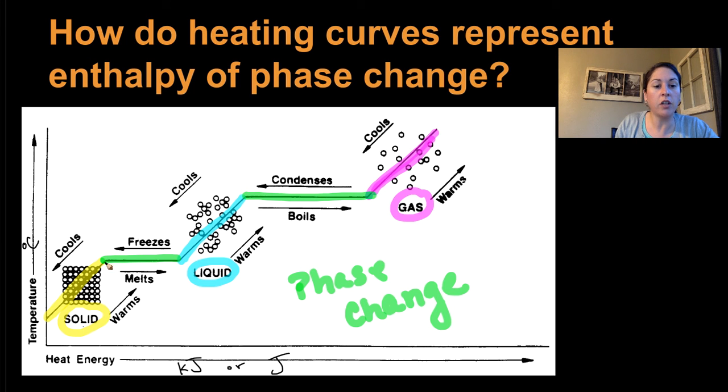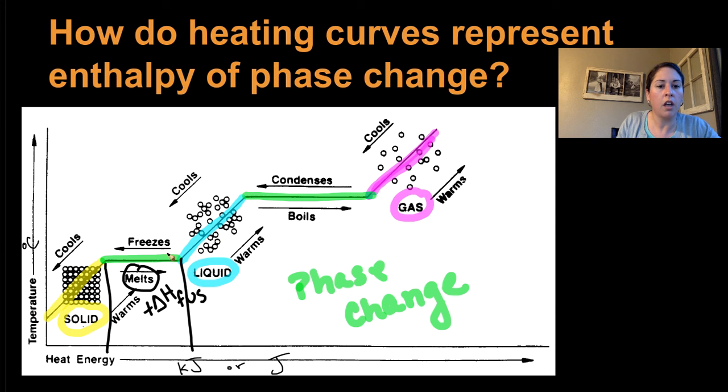And the amount of energy associated with this, so if I was to take a look, there is an amount of energy that occurs right here. If we're moving in this direction, this is actually the positive direction, so our final is going to be greater than our initial. And this one right here for melting is going to be a positive delta H, and this is what we call delta H of fusion.